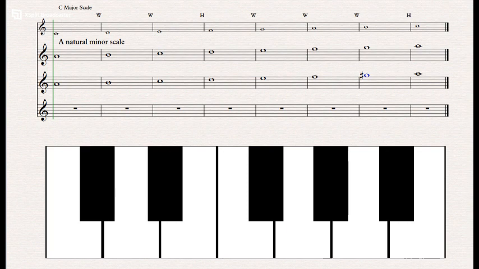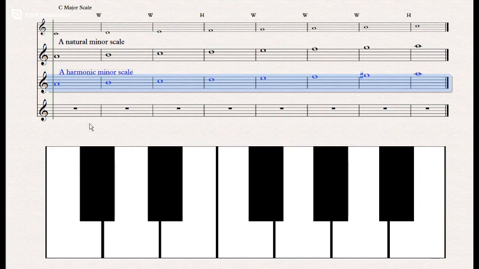Now, this is called a harmonic minor scale, and this would be A because it starts and ends on A. And then hopefully it lets me do this all on one page. So we're going to take the third type of minor scale.